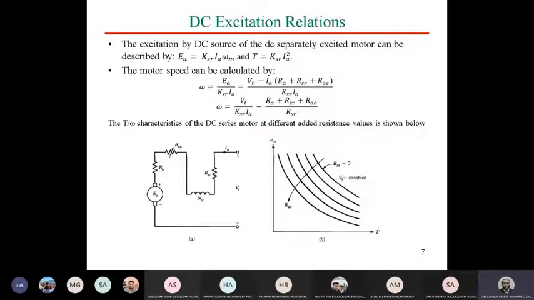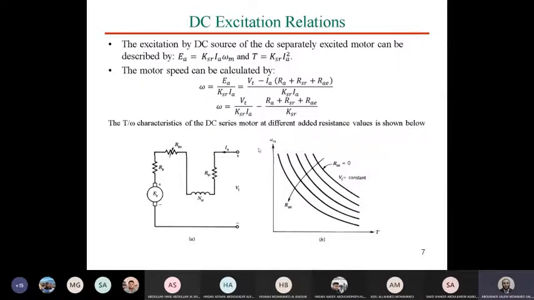Now, in terms of mathematical modeling, let's see together what is the mathematical model if we supply the machine by DC source. If we supply the machine, shabab, by DC source, the excitation, not separately excited, it's for series DC motor, sorry.